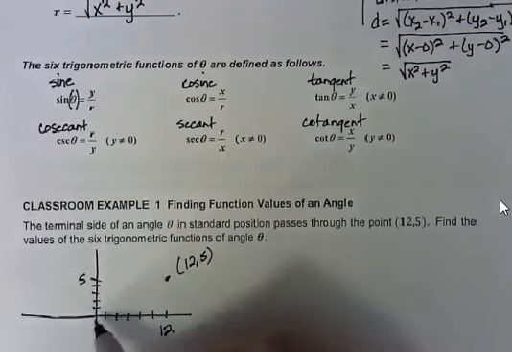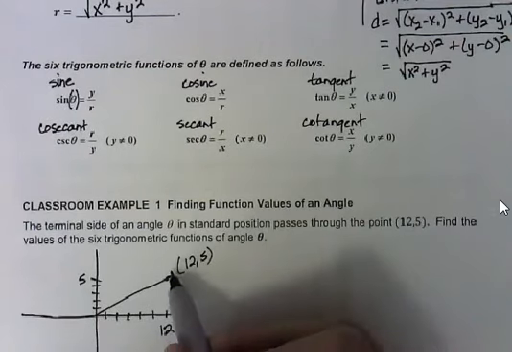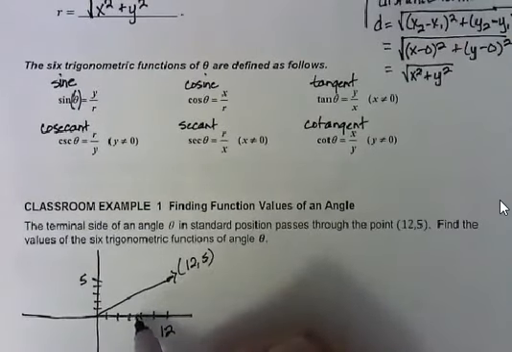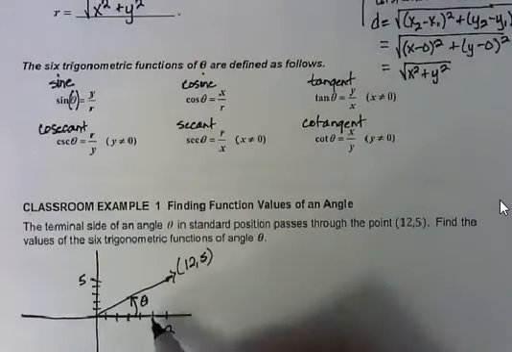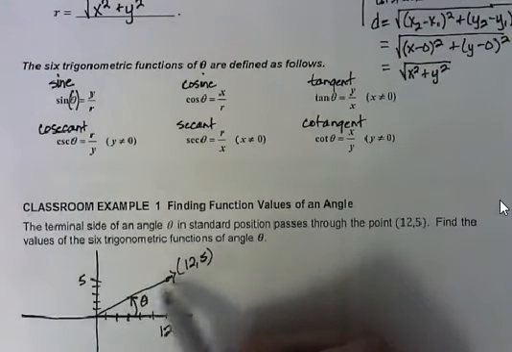So here's our point, and our angle theta could be any angle that has the x-axis as an initial side and this line as the terminal side.